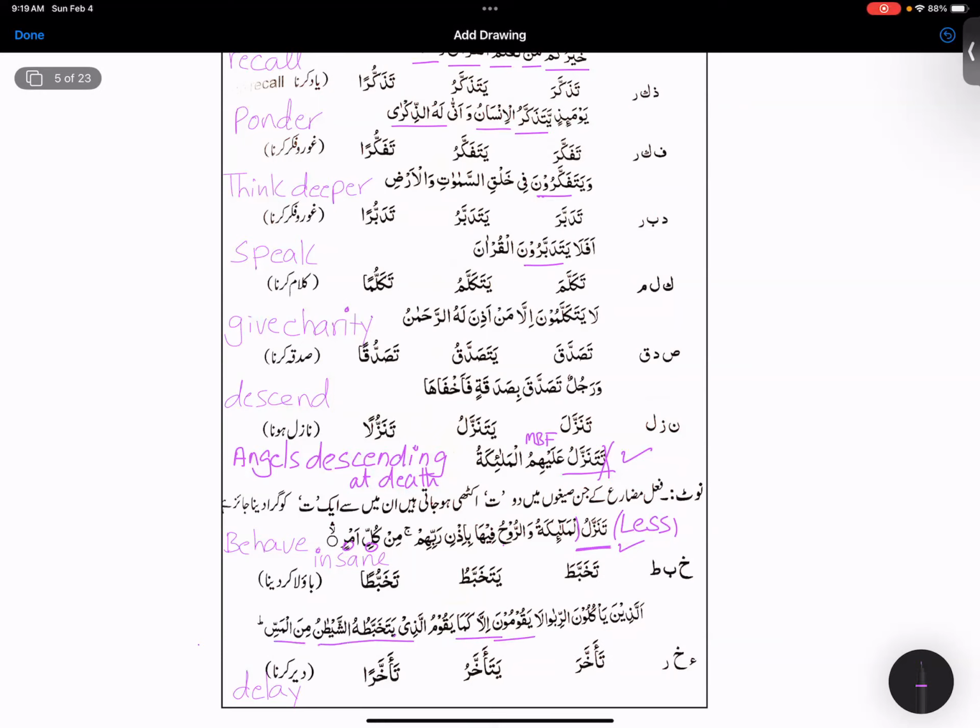They won't be able to stand properly; they would be standing as if a shaitan has touched that person and made him insane. If you have ever seen a person who is said to be possessed by a jinn, did you see the behavior of that person?